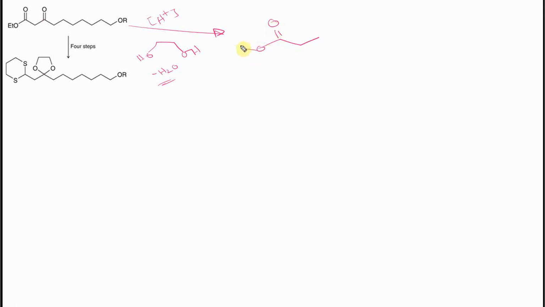As you know, esters are less reactive towards a nucleophile compared to a ketone because of the lone pair conjugating. Because the lone pair conjugates, that reduces the electrophilicity of this carbon. So the ester is going to be less reactive towards the nucleophile, which is ethylene glycol, compared to the ketone.